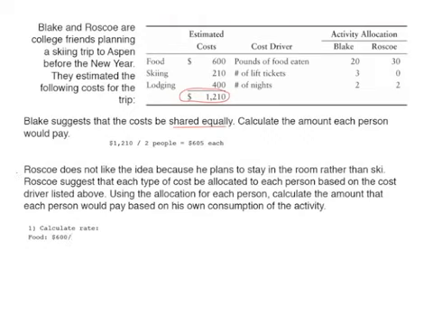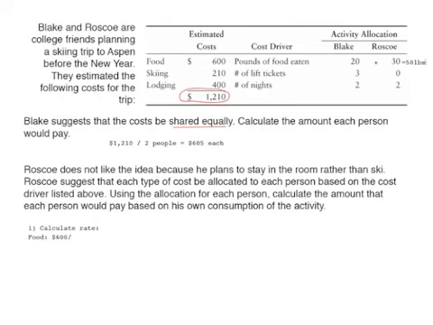And if you look up here, Blake anticipates eating 20 pounds of food, and Roscoe anticipates eating 30 pounds of food. So we want to know what the total amount of food is going to be. In this case, it's going to be 50 pounds of food.